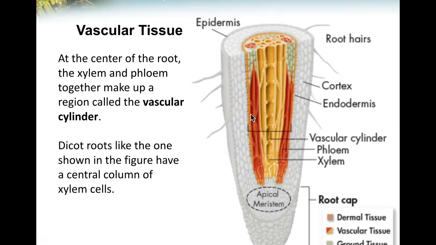This is the complete arrangement of cells inside the endodermis, which is inside the cortex. Dicot roots, like the one shown in the figure, have a central column of xylem cells, right down the middle.